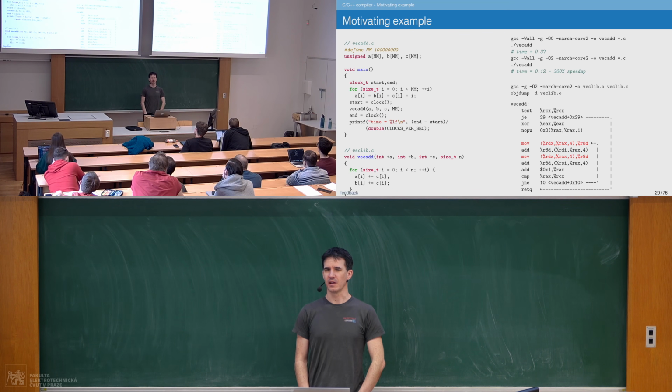So maybe the compiler didn't optimize our code well, right? Maybe the compiler thinks, oh, it might be a good idea to read this I twice. Actually not.